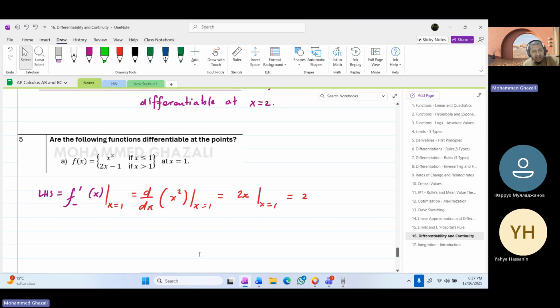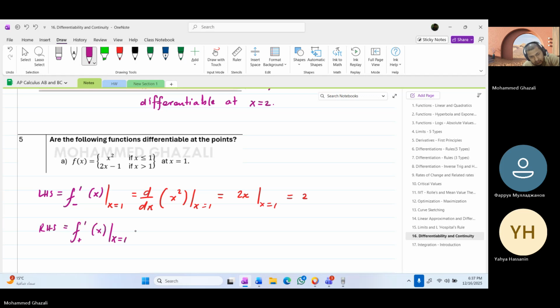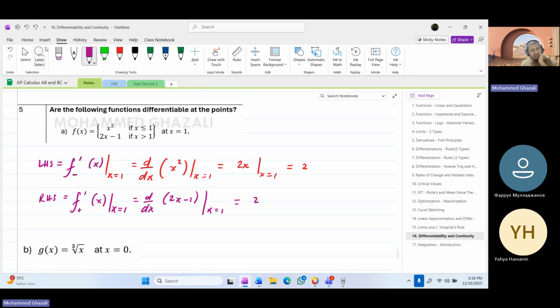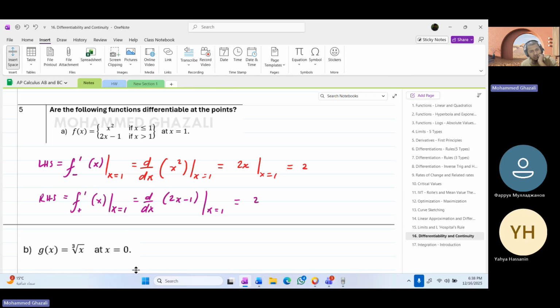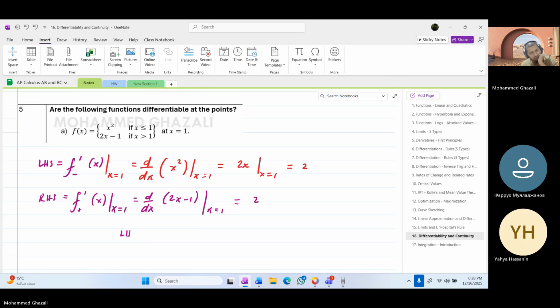Now, what about the right-hand side derivative? ddx, right-hand side means greater than 1, so 2x minus 1. The derivative of 2x minus 1 is just 2. There's nothing to substitute into, so that's my answer. So 2 is equal to 2. Left-hand side is equal to right-hand side.